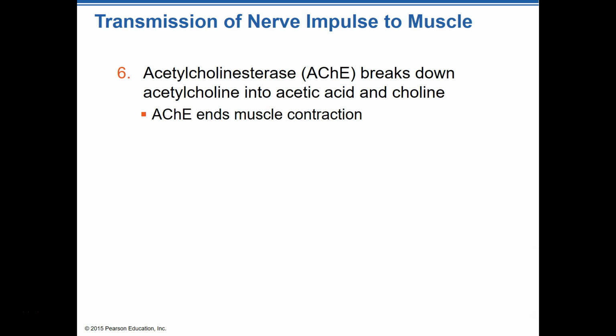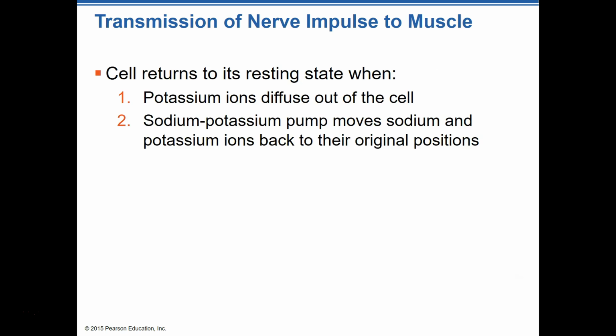But if there's a continual nerve impulse coming down, acetylcholine is going to continually be released. Acetylcholinesterase will keep trying to take it up, but it can't keep up as long as there's more being released. Once acetylcholine is no longer being released from the nerve, acetylcholinesterase will take all that up, and the stimulation of the muscle membrane will go away, and the muscle will stop contracting. Okay, so that's kind of how that works.